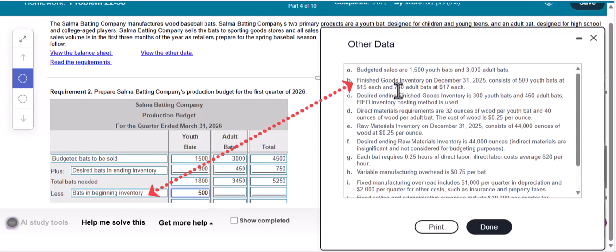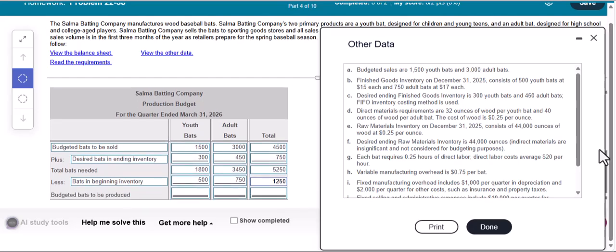And then 750 here for the adult bats. So that is going to give us a total beginning inventory of bats of 1,250. So again, because this is a quarterly report, the beginning balance here for the bats in the beginning inventory will be coming from the end of the previous quarter, which ended December 31st, 2025. So that's why we input those there.